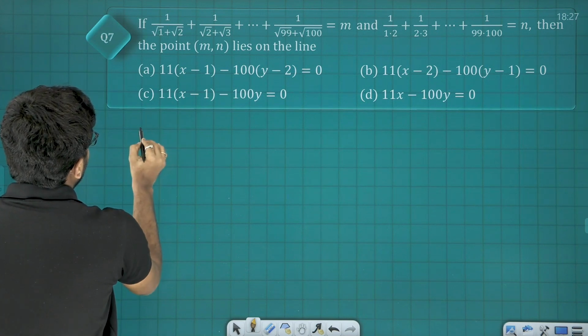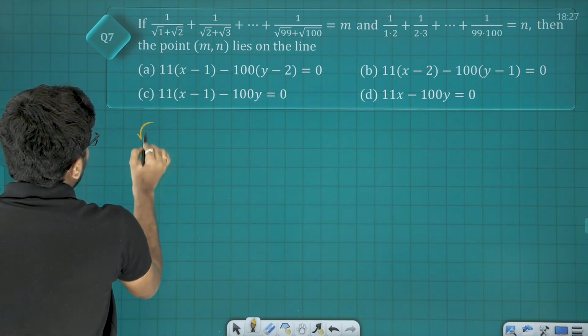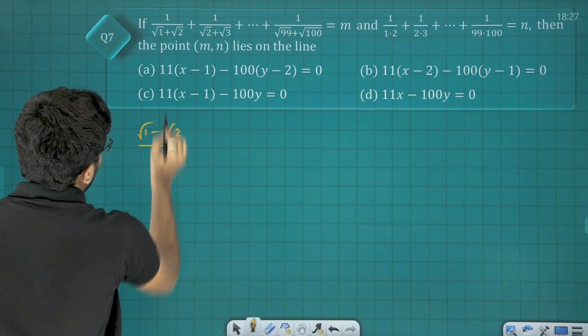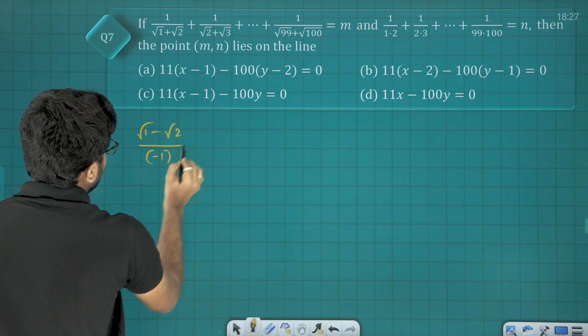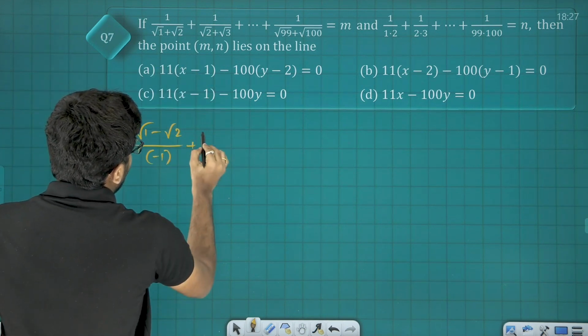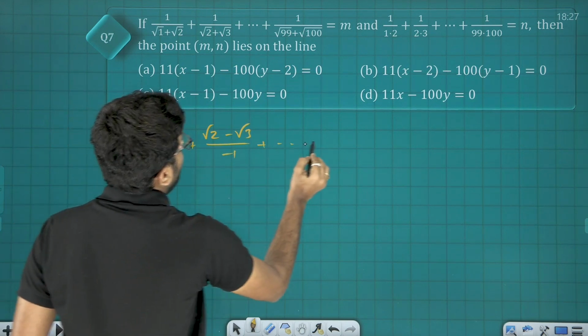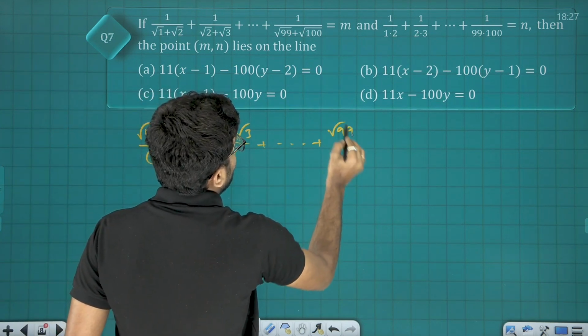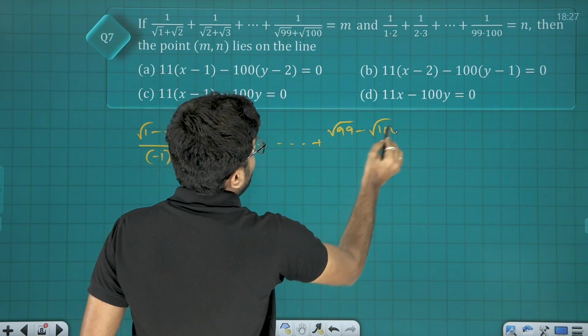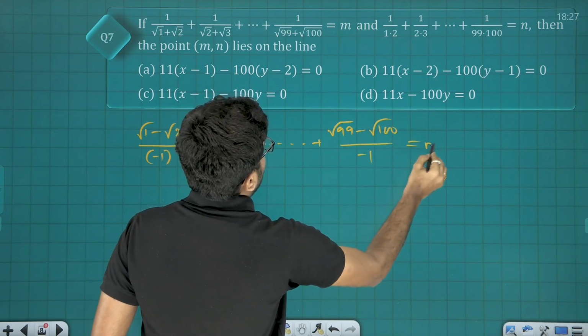We get (root 1 minus root 2) divided by (1 minus 2), which is minus 1, plus the same, (root 2 minus root 3) divided by minus 1, and so on, (root 99 minus root 100) divided by minus 1 is equal to m.